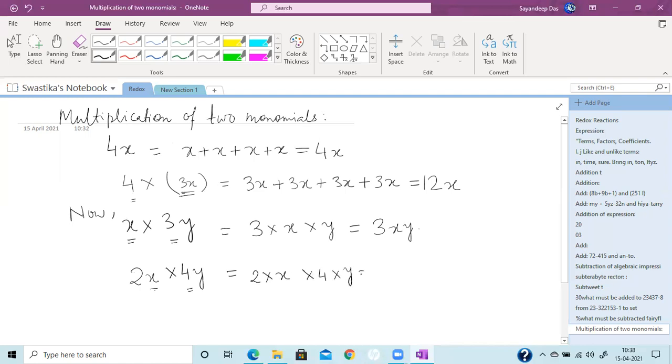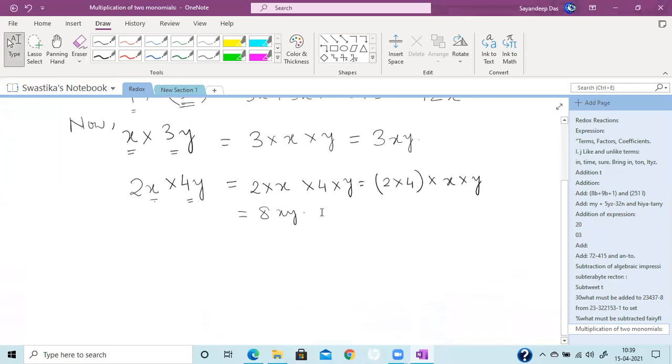From here we can take these 2 and 4 separately, multiply the two numbers, and then keep the variables as they are. So 2 4s are 8, 8 into xy. So it is very easy. Even if you do not expand this, you can directly multiply 2 4s are 8 into x into y, which is equal to 8xy.